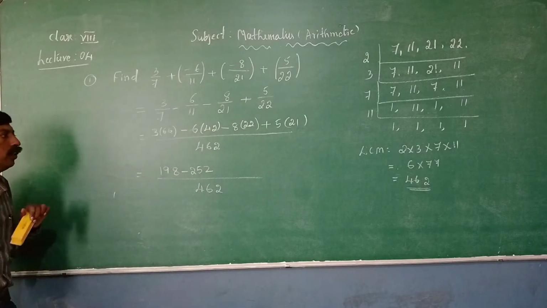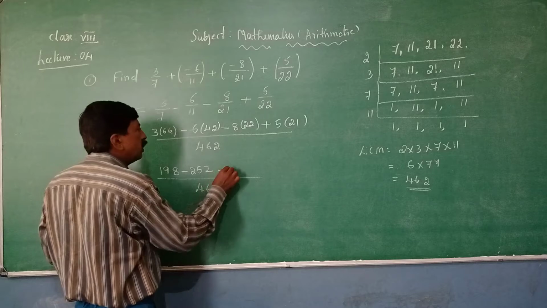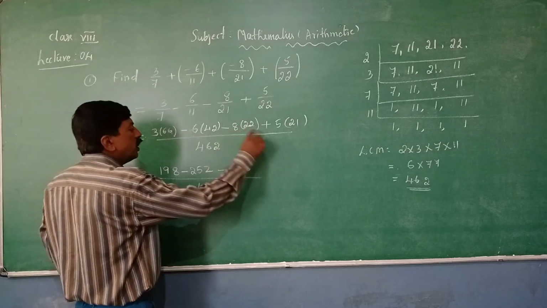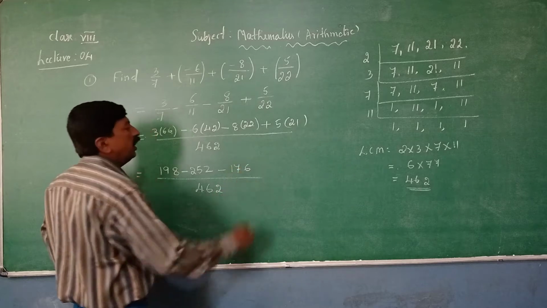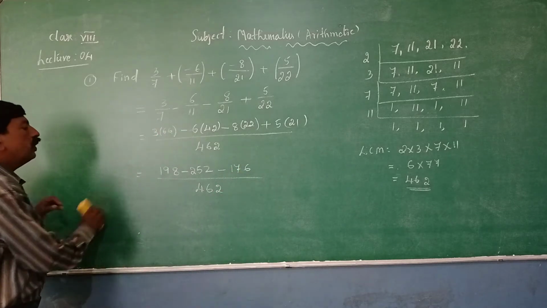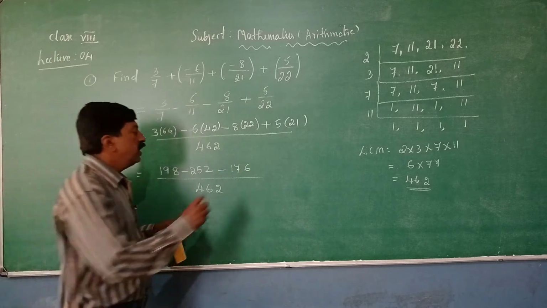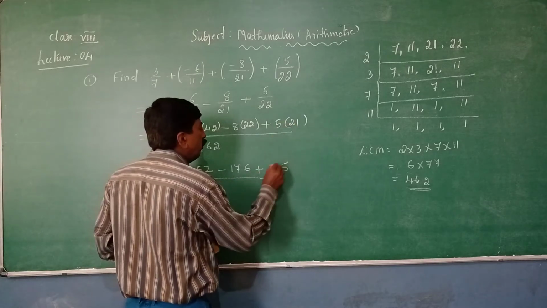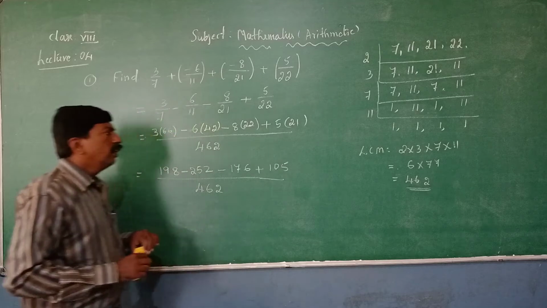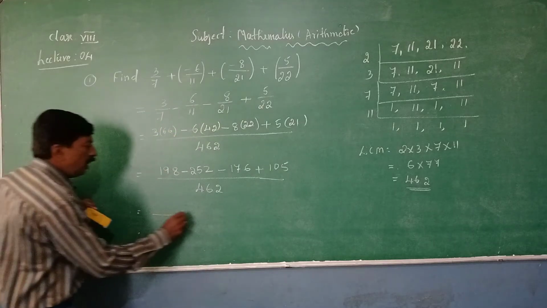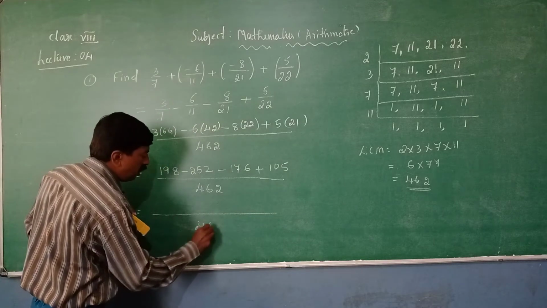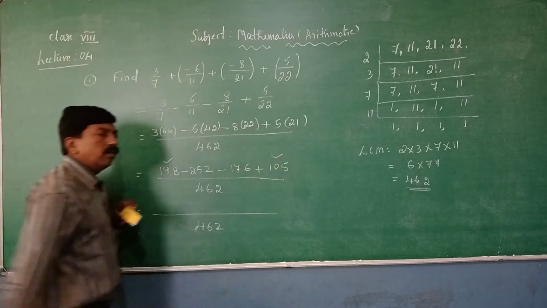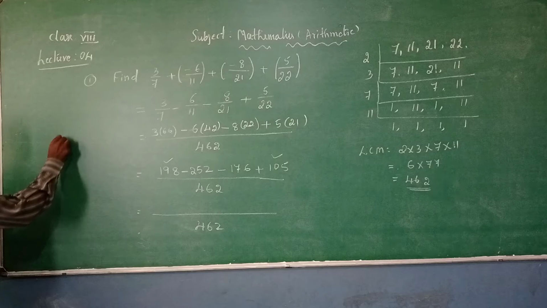That is 252. Again minus 8 into 22: 8 2s are 16, 1 carry, 8 2s are 16 plus 1 is 17. So 8 into 22 is 176. Again plus sign. 5 into 21 is 105. In the next step, write 462 as it is.